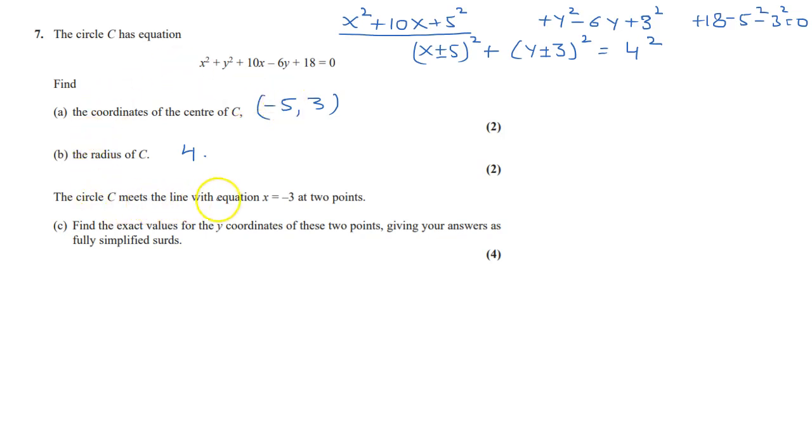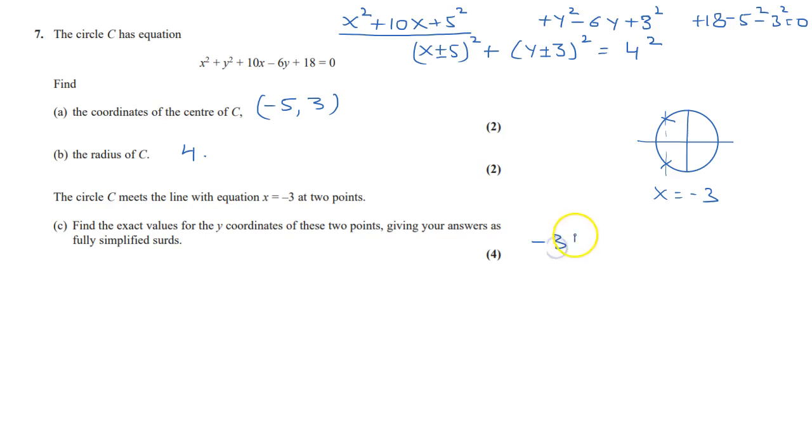The circle meets the line x is equal to minus 3 at 2 points. Suppose it is meeting at this point and this point, and this is x is equal to minus 3. So what you are going to do is put x is equal to minus 3.